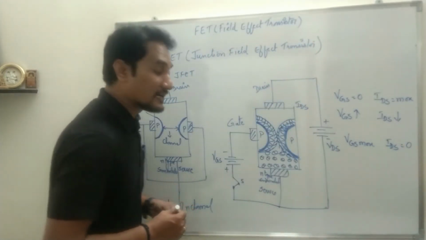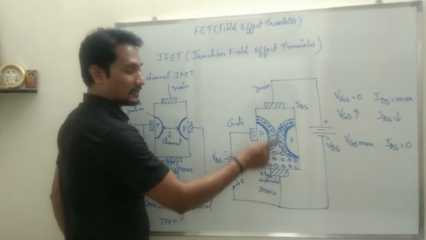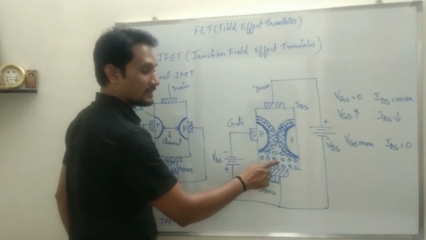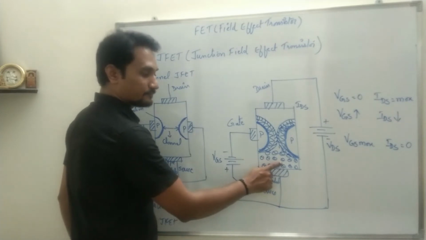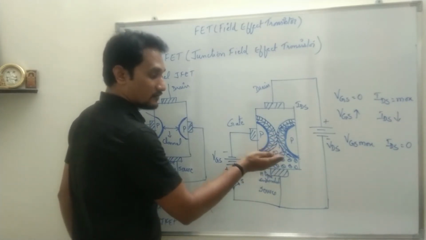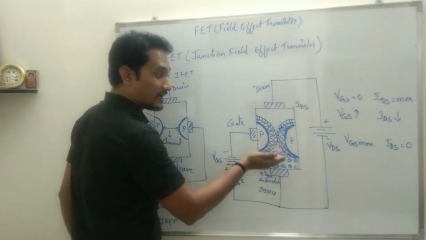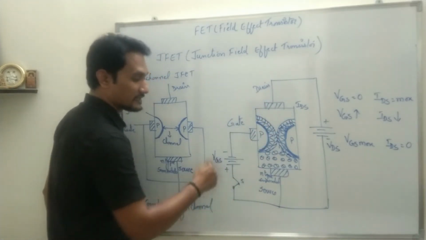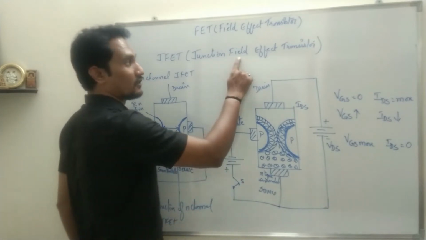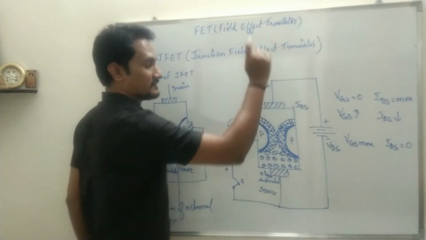So current conduction in the circuit is because of only one charge carrier, that is electrons, and the movement of the charge carrier or current conduction depends upon the external field which has been applied. That is why it is called field effect transistor.